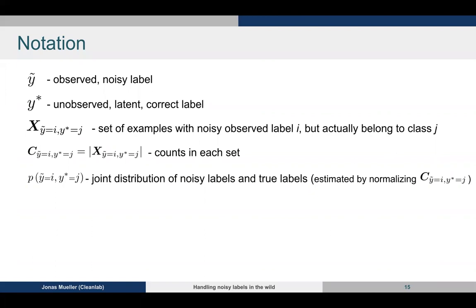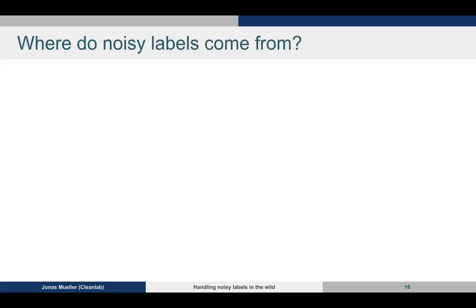Then there's the concept of an underlying joint distribution over these noisy observed labels and the true latent labels that we never see. Basically, this joint distribution summarizes the noise process of which classes tend to have the most noise in them and tend to be the least well annotated. And you can compute the conditionals of this distribution, which summarize, for example, the probability that label j gets accidentally flipped to label i when somebody is annotating the data.